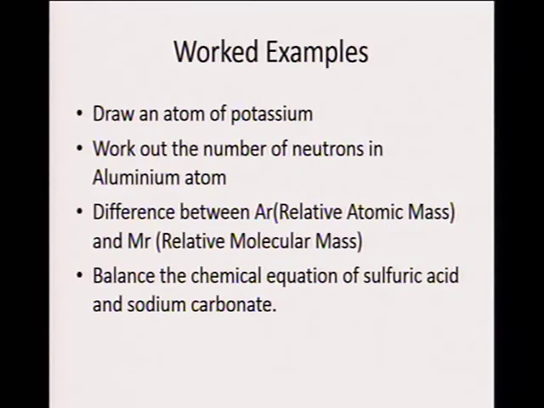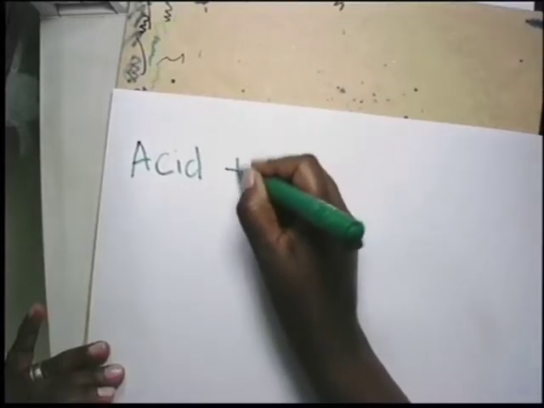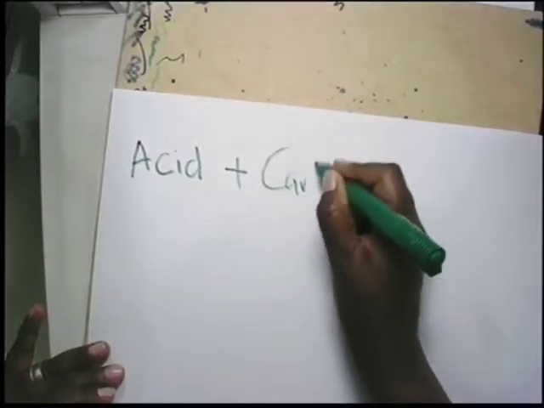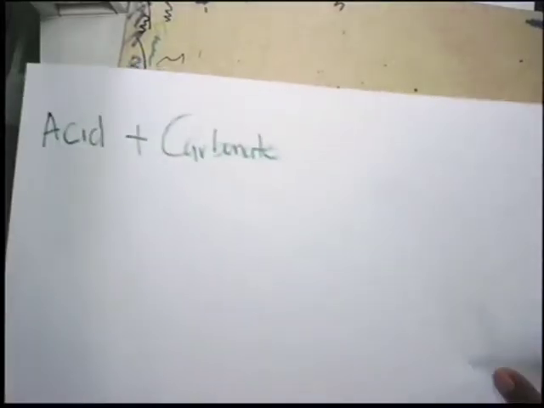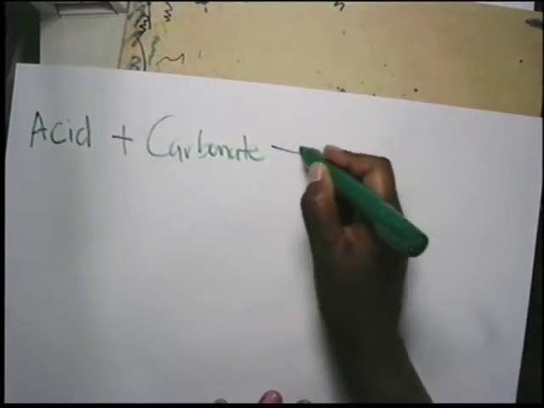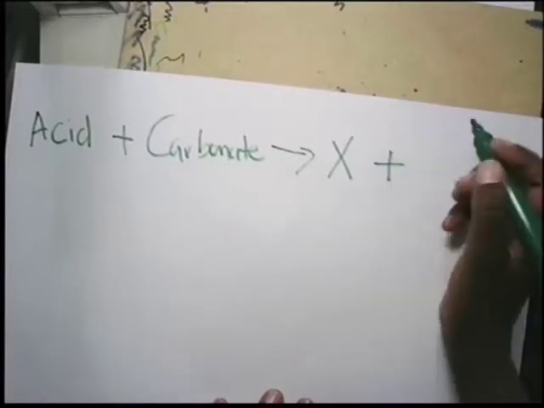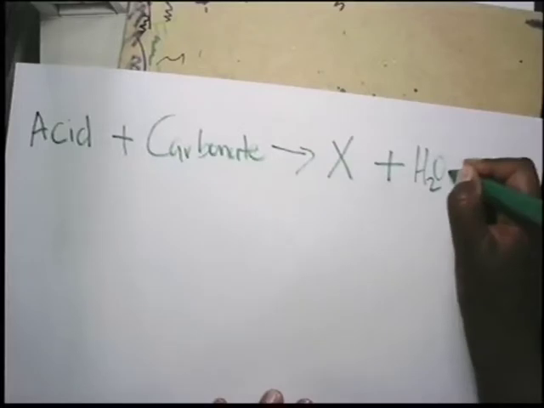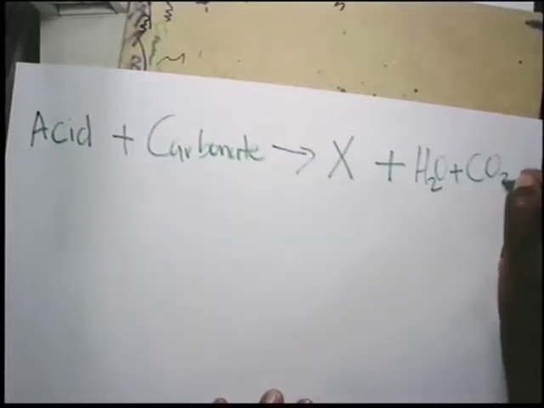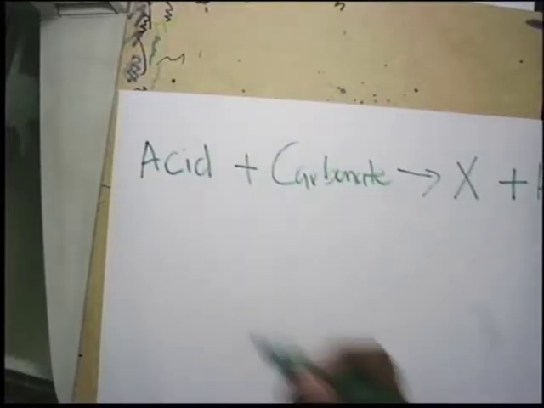We have an acid, which is sulfuric acid, reacting with a carbonate, and it gives a certain compound, but in its product there must always be water and carbon dioxide. Now let's write the equation for sulfuric acid reacting with sodium carbonate.